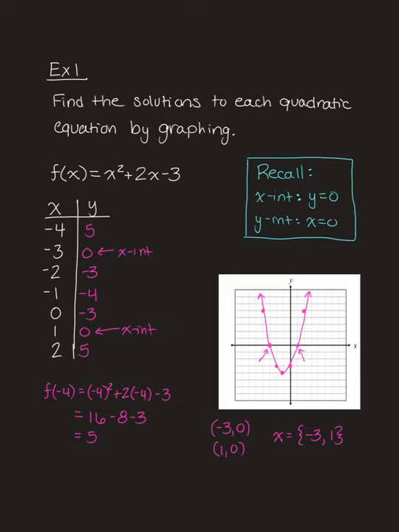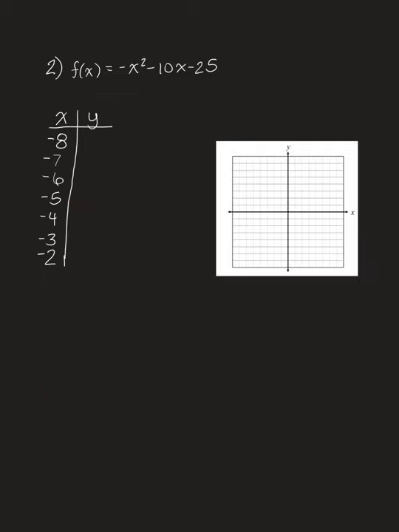You will see both of these. Some other things to note: this lowest point right here is called the vertex. This point right here where it crosses the y-axis is your y-intercept. Just some key points to note.